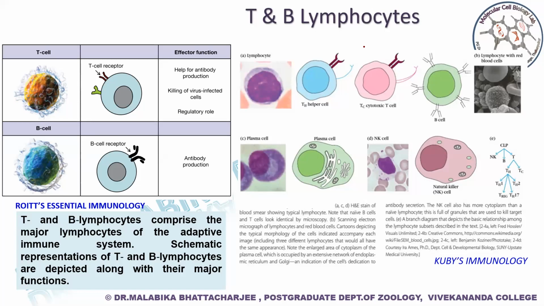Now, there is another arm of the immune system, the adaptive immune system. The adaptive immune system comprises mainly the lymphocytes. The lymphocytes are again of two types, the B lymphocytes and the T lymphocytes.